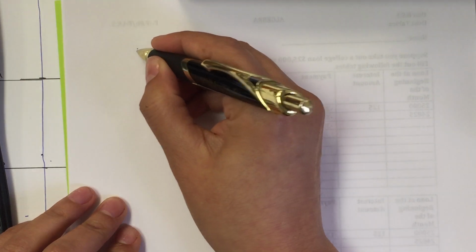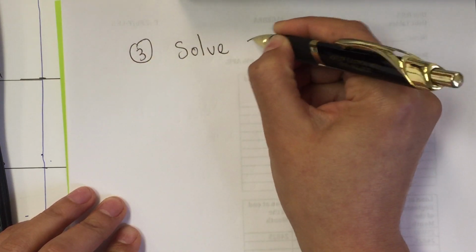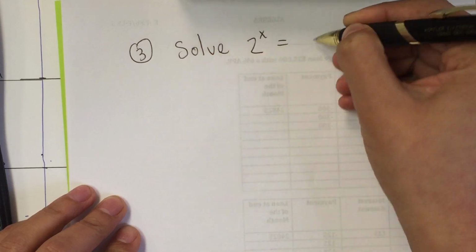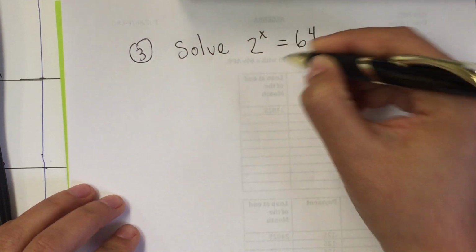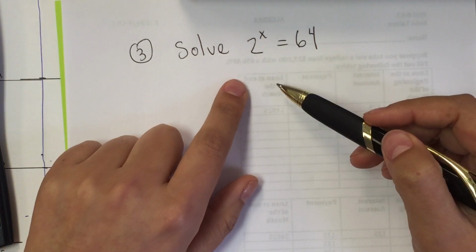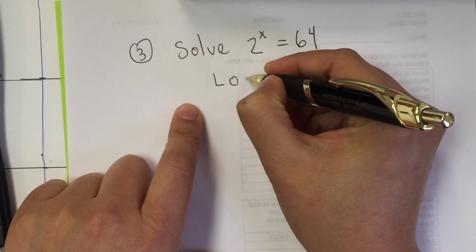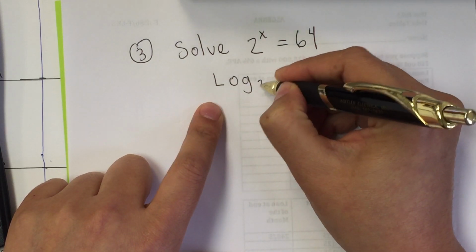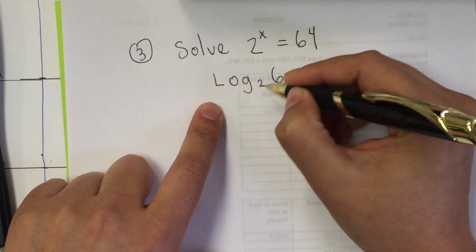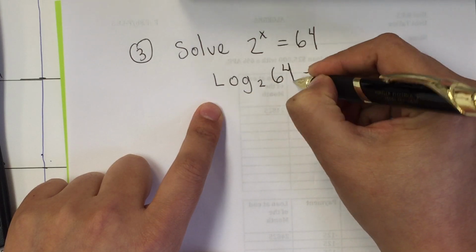Another one? Solve 2 to the x equals 64. So 2 to the x, what will be the exponent x? Again, if you go to your log, it will be log base 2 of 64. And what is the answer?